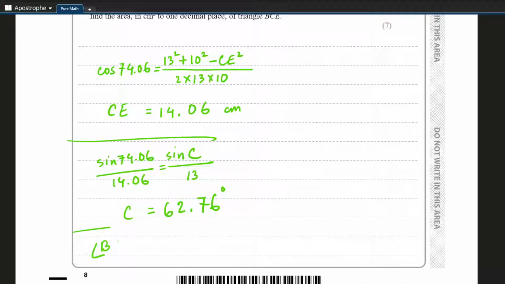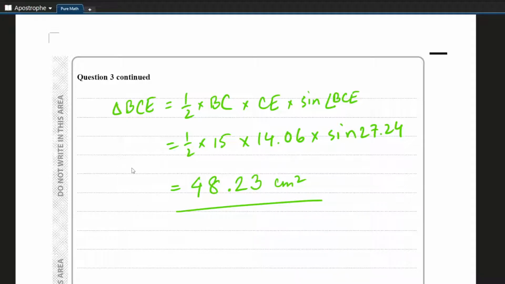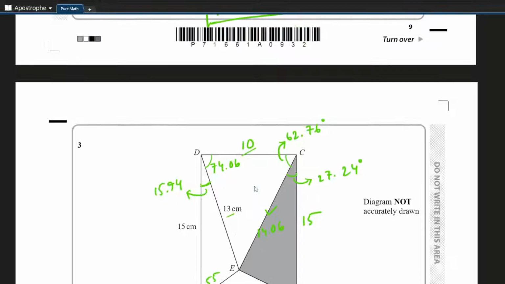Angle BCE is equal to 90 minus 62.76, 27.24 degrees. Now CE is 14.06. So half into 15 into 14.06 into sine 27.24. If we didn't make any calculation mistake, it should be close to 48.23 centimeters squared. Yeah, it's very close to the answer we got.